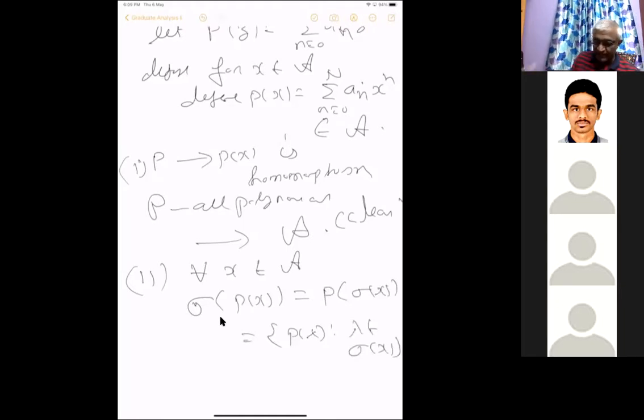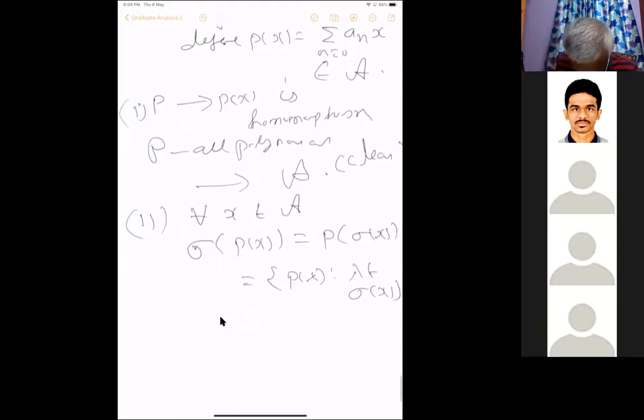So sigma of p(x) equals p of sigma of x. This is the spectral mapping theorem. Only two things we have to prove. The homomorphism part is clear; you just have to write it out as practice. So why is this true?